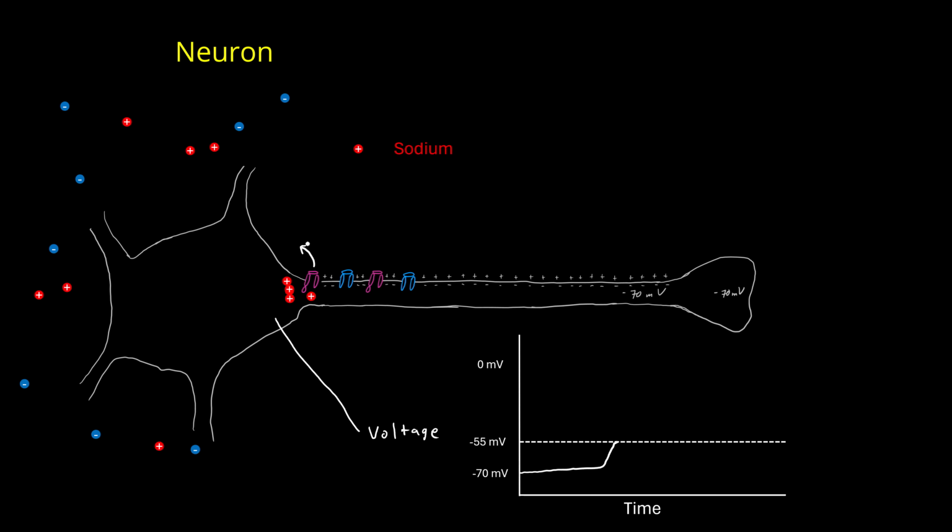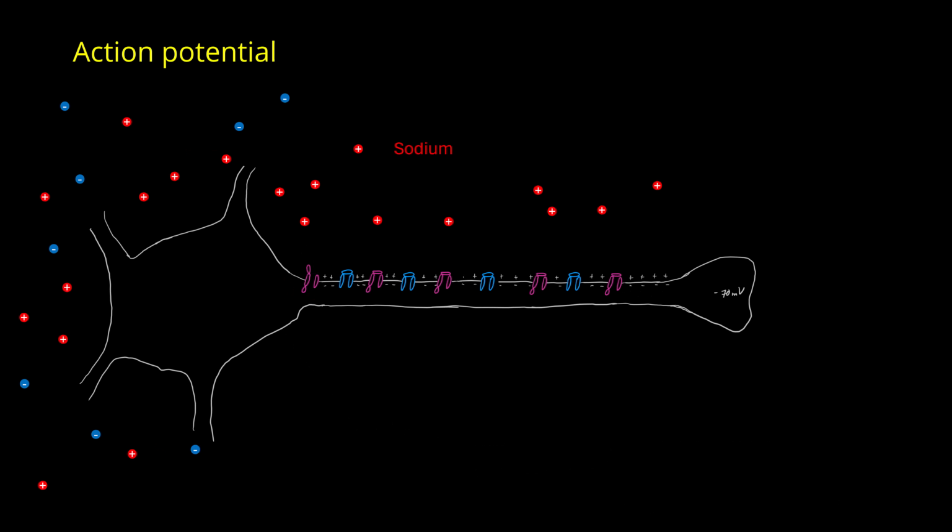When it opens, sodium rushes into the neuron, and the positive charge opens the neighboring voltage-gated sodium channels. So this is a positive feedback loop where sodium entering through one open voltage-gated sodium channel causes entry of more sodium at the neighboring channels, which in turn causes the entry of more sodium.